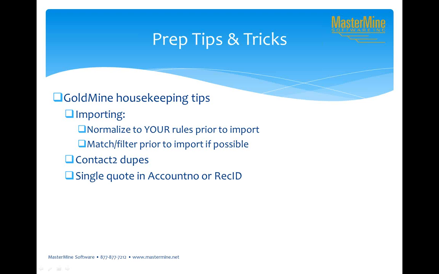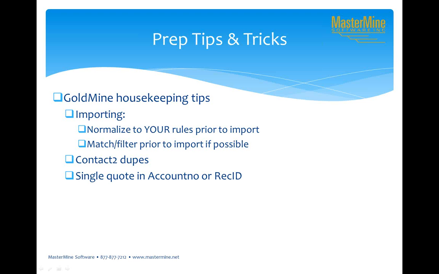If you don't have exactly one, if you've got 0 or multiple contact to records, which could happen due to slippages in the housekeeping process of GoldMine, especially back in the days when DBase was the primary database, but it can happen for other reasons, then that can cause you some issues. So get that straightened out, ideally before you start doing merge purges.